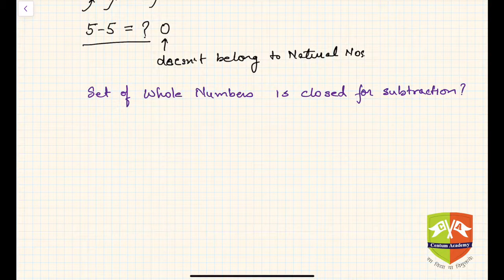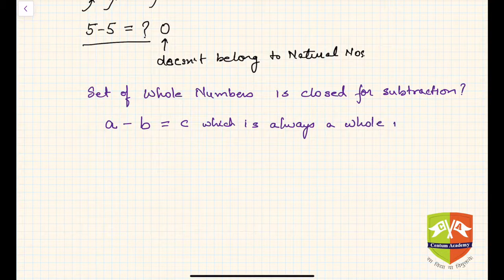It means that if you choose a whole number a and another whole number b and you subtract them, will you get c, which is always a whole number? Really not, right? Because you can take an example. For example, it was very comfortable if you subtract a smaller number from a greater number, like 5 minus 3, and you know the answer very easily, it's 2.